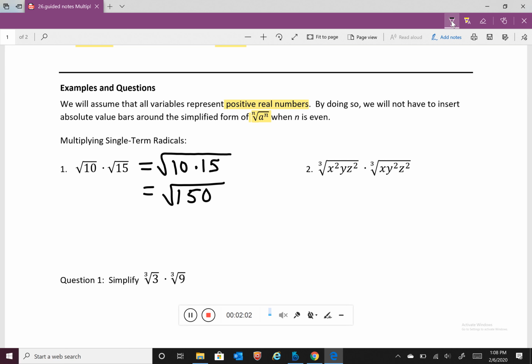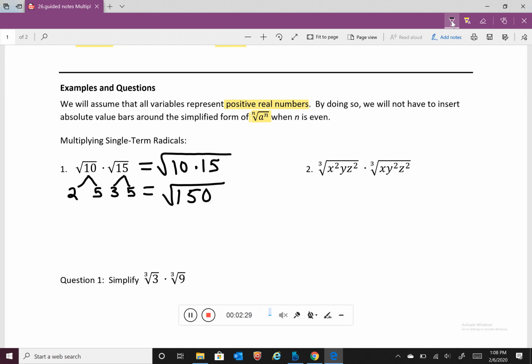Now, 150 is also not a perfect square, but take a few moments and think about what it contains and work backwards. 10 is not prime. 10 contains factors of 2 and 5. 15 is also not prime. It contains factors of 3 and 5.